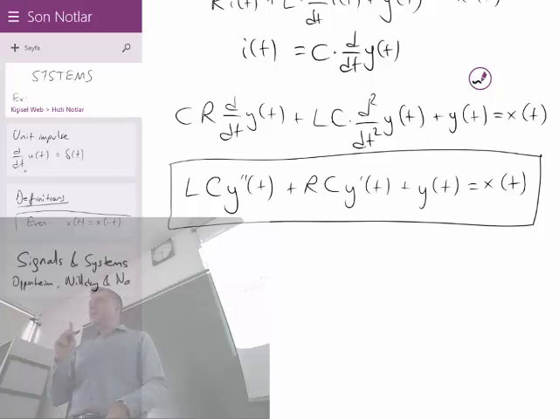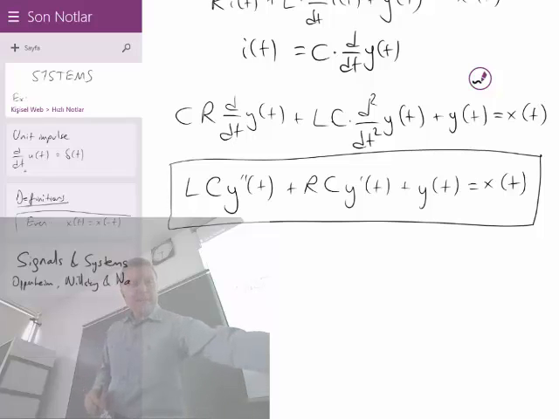But there is one common point among all those systems, they are linear systems. If they are linear systems, you can come up with ordinary differential equations like this. And even more surprisingly, in real life, most of the systems are linear.